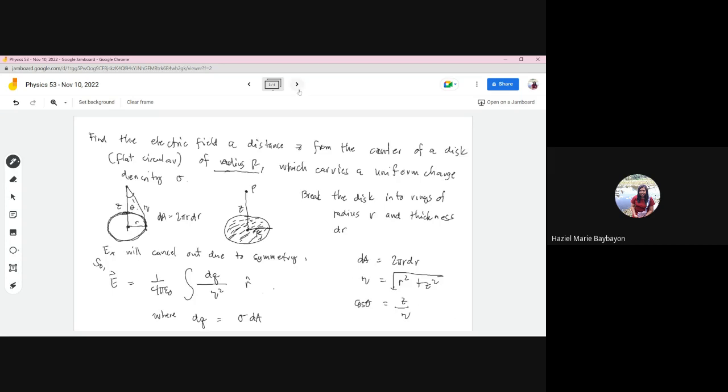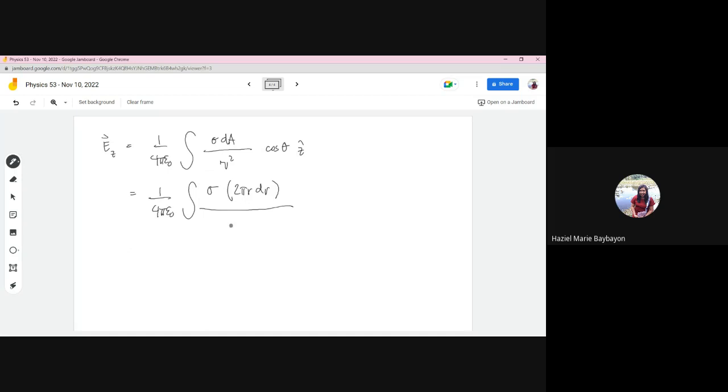So we can substitute all of this here. You have z over the separation vector for the cosine theta, and then the separation vector squared, z hat. So you have 1 over 4 pi epsilon naught integral of sigma multiplied by 2 pi r dr, and you can insert z over the separation vector cubed, which is r squared plus z squared raised to the power of 3 halves, z hat.